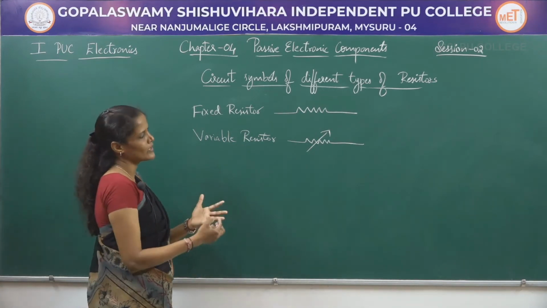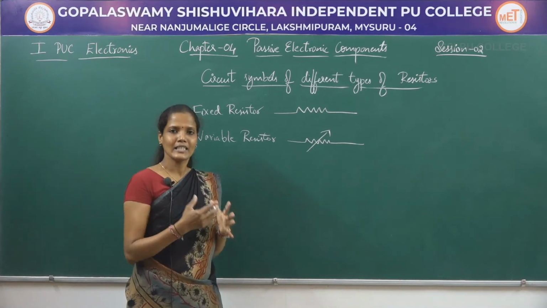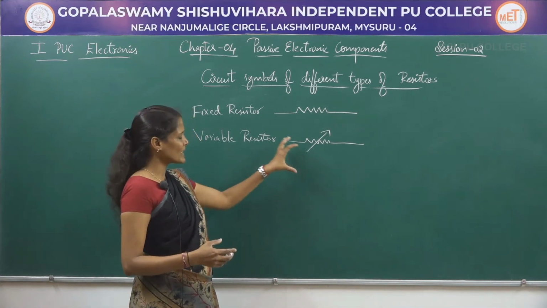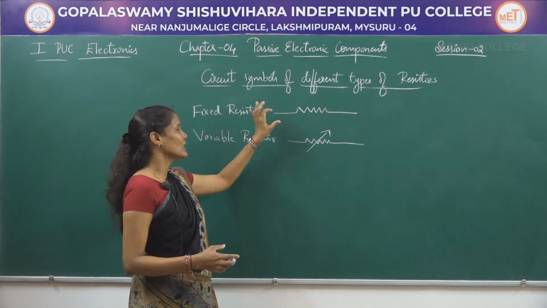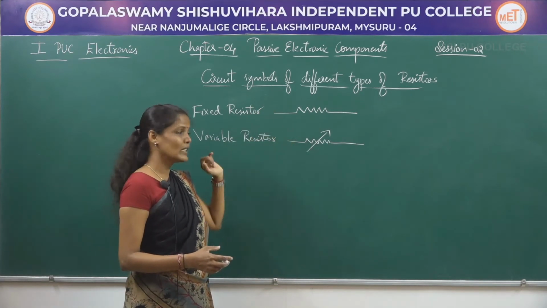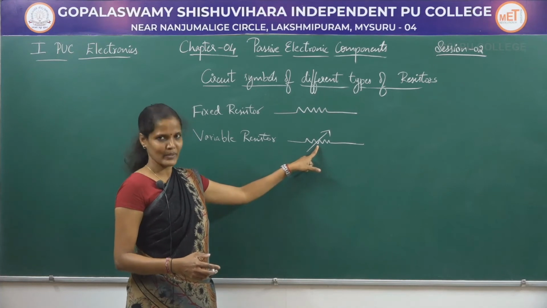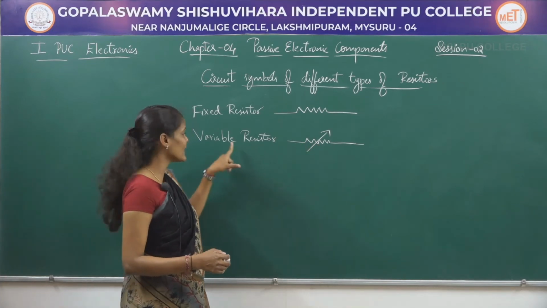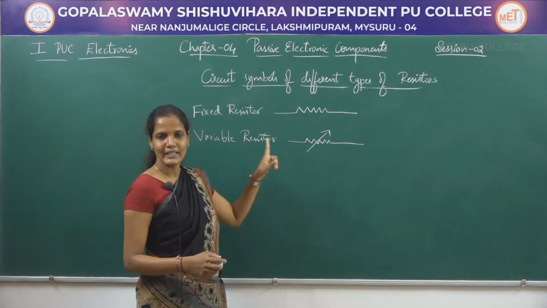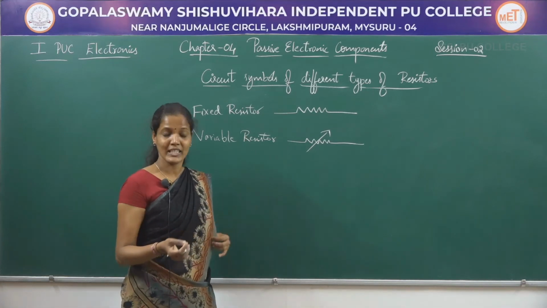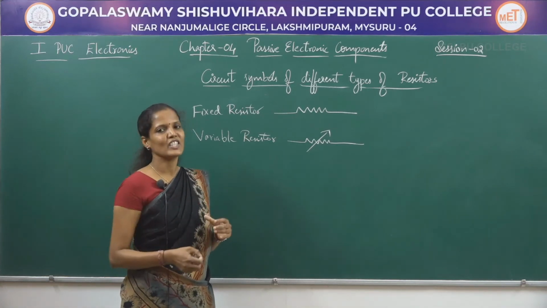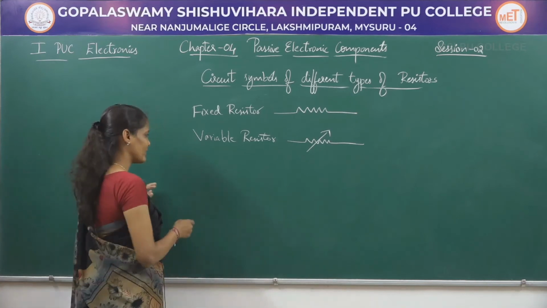Whenever we use these resistors in our circuit diagram, we must be very clear about using the fixed resistor as well as the variable resistor. Whenever I use this kind of symbolic representation, it is clear that I am using a variable resistor whose value can be changed over a specified range.